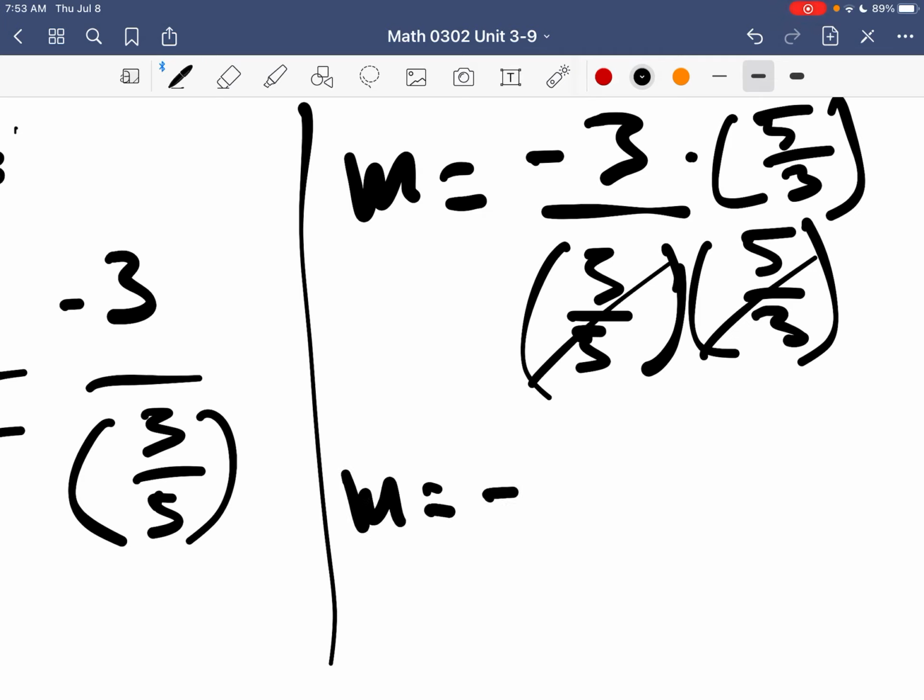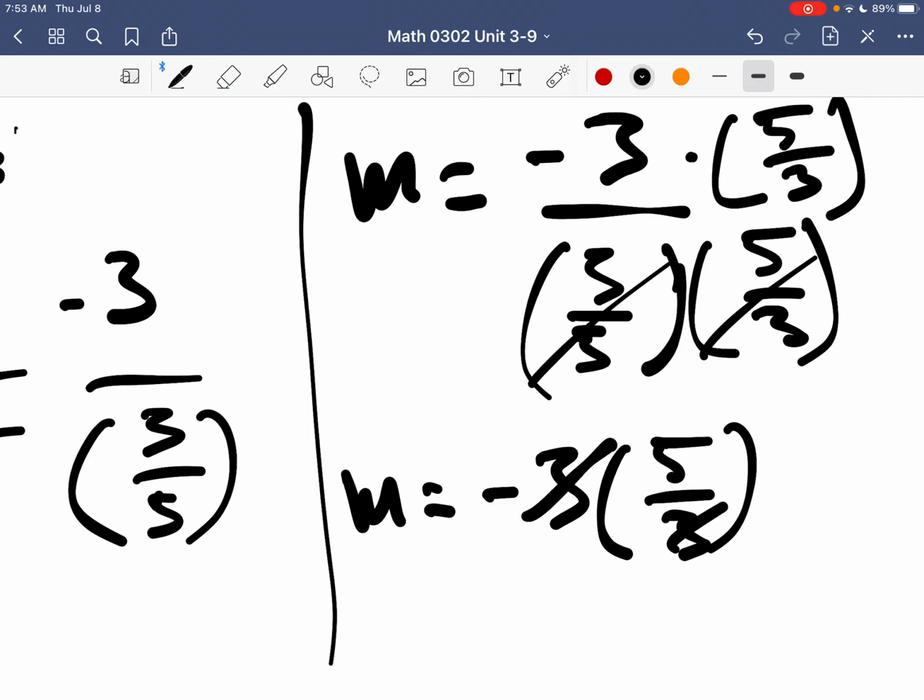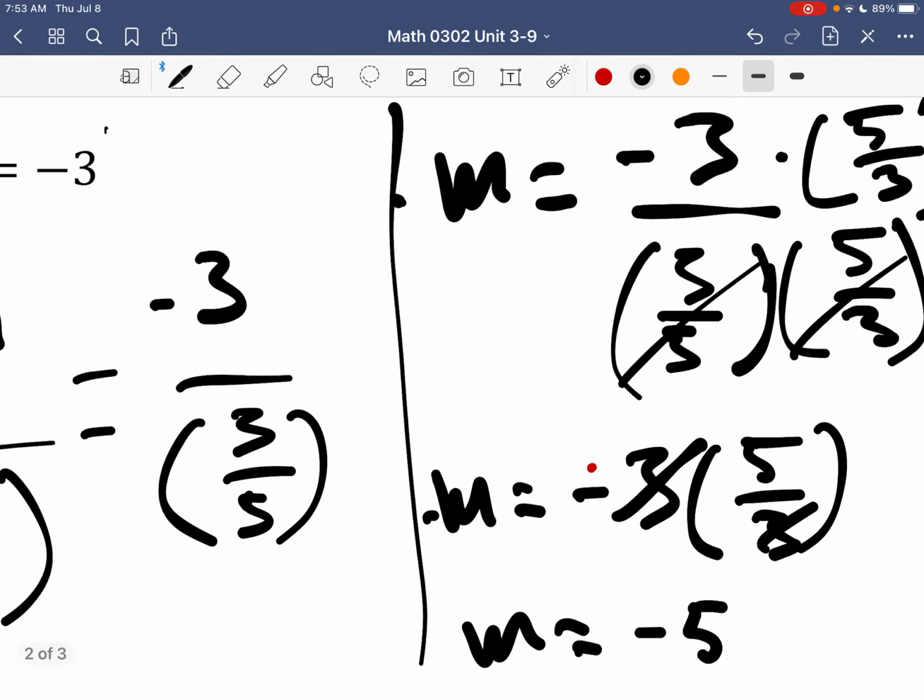And so now we have that m is equal to minus 3 times the fraction 5 over 3. In this case, the 3's are going to cancel, but the negative sign is still going to be in front. So now we end up with the solution, m is equal to minus 5.